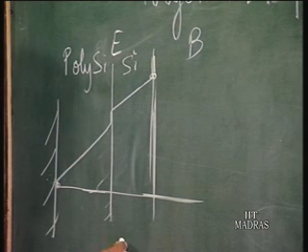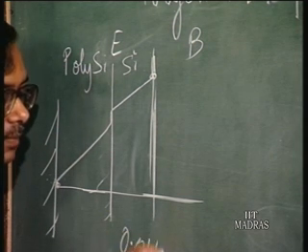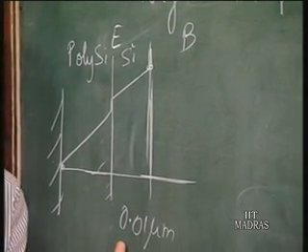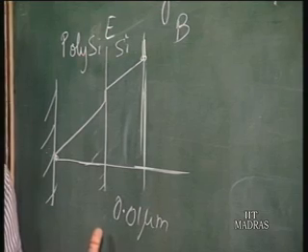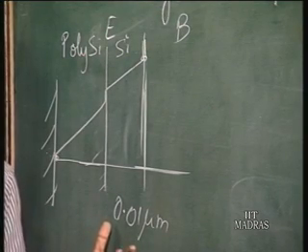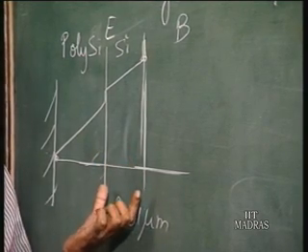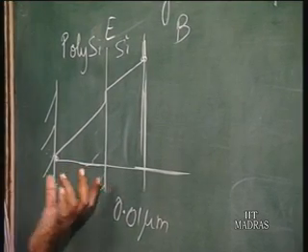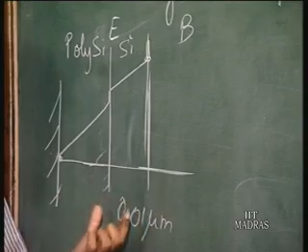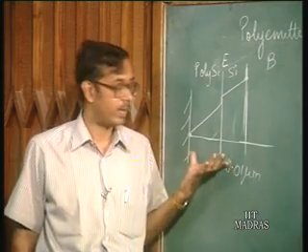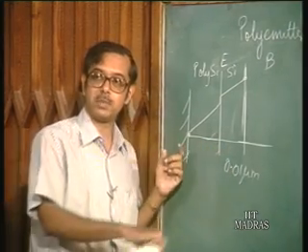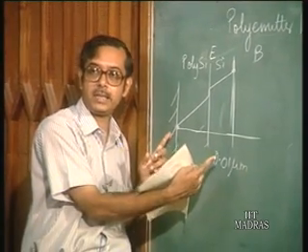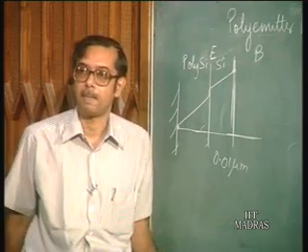In fact, it can be made as small as 0.01 micron, which for all practical purposes is going to eliminate the peripheral component. So, you make the silicon part very small in thickness, and you make a very wide polysilicon thickness. So, the peripheral capacitance which depends on the silicon thickness is reduced, whereas the beta depends on the emitter thickness, the larger the emitter thickness, the larger is going to be beta. So, you have a high beta.